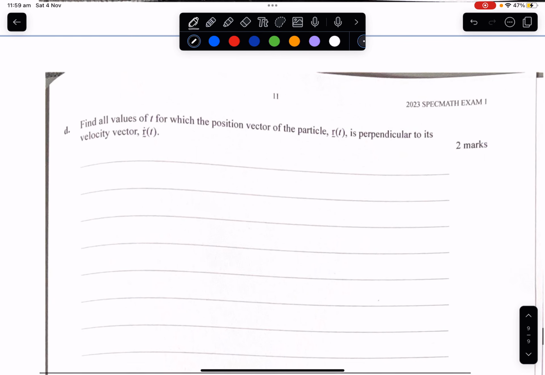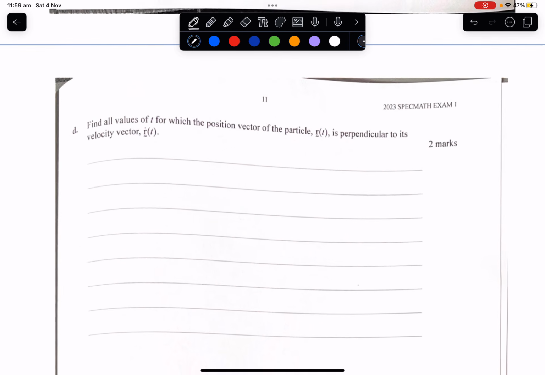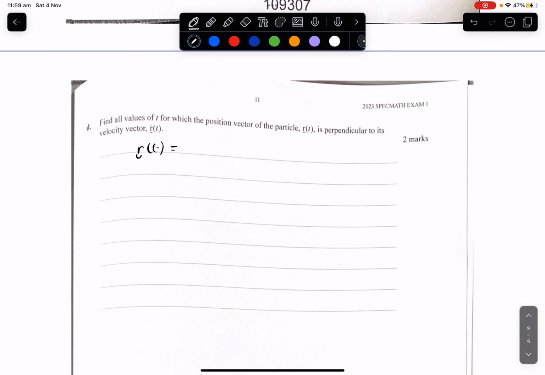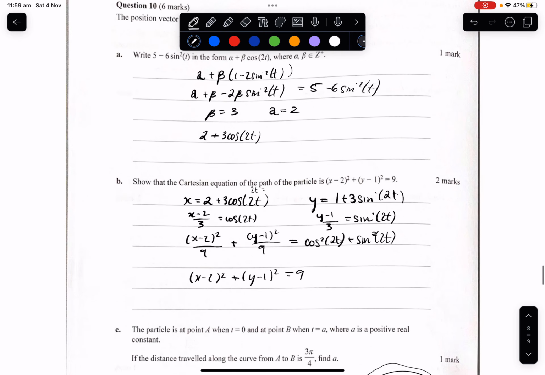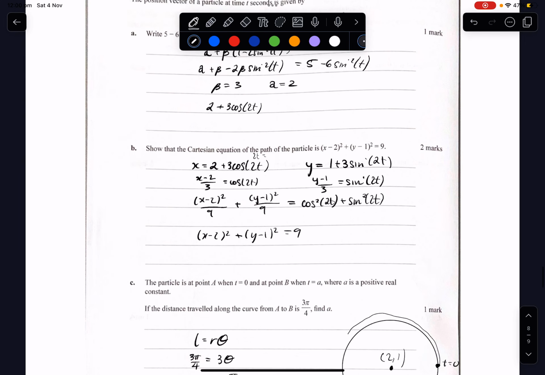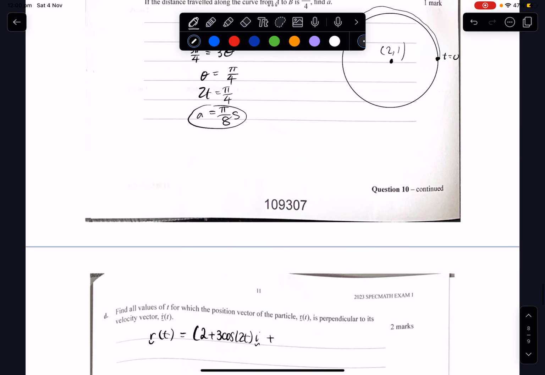Find all values of t for which the position vector of the particle r of t is perpendicular to its velocity. So let me just write down r of t again. That was 2 plus 3 cos 2t i, and then the j was 1 plus 3 sine 2t.